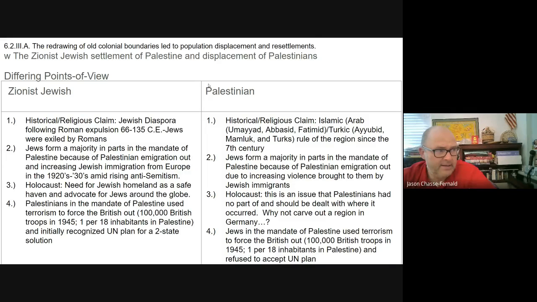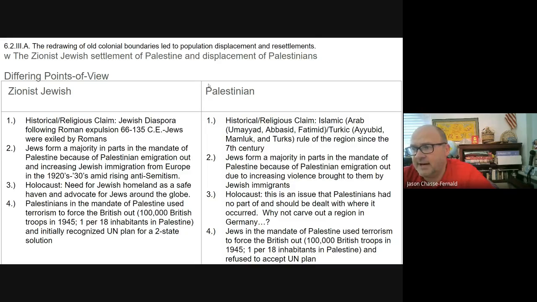So there is migration in the 20s and 30s, and the land was acquired through legal means, and Palestinians moved out. Under this land acquisition category of analysis, from the Palestinian perspective, you will sometimes hear that Jews form a majority in parts of the Mandate of Palestine because of Palestinian emigration due to increasing violence brought to them by the Jewish immigrants, which is also true.